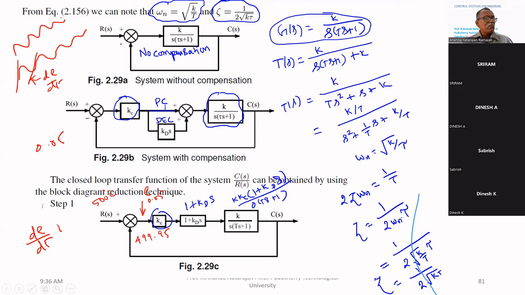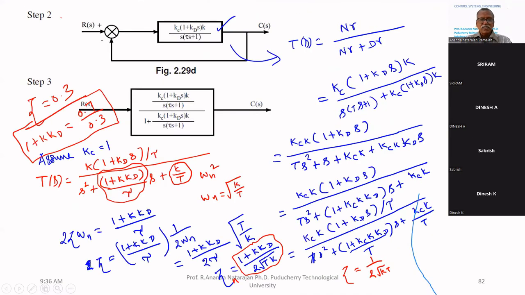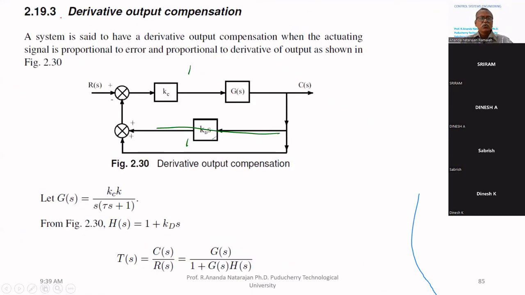That's why it amplifies noise also. It takes the slope of noise also. That's why we cannot use the derivative error compensator this way most of the time.